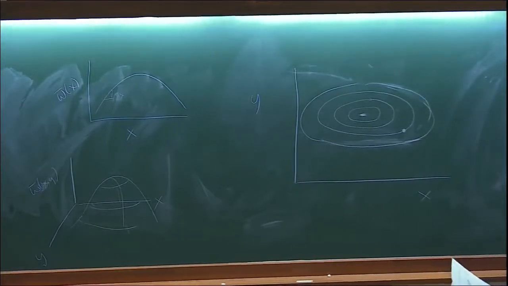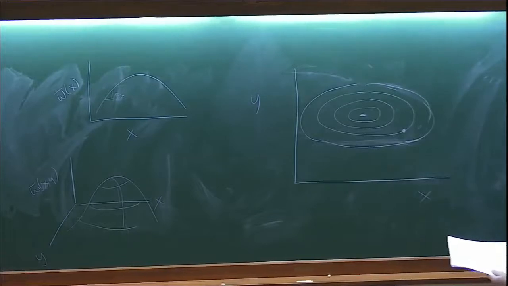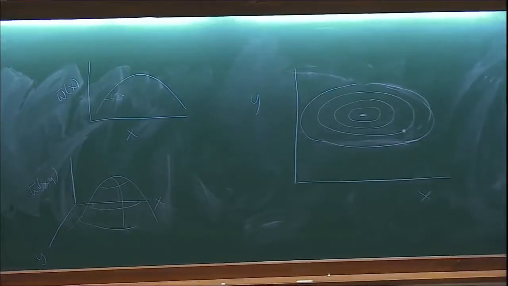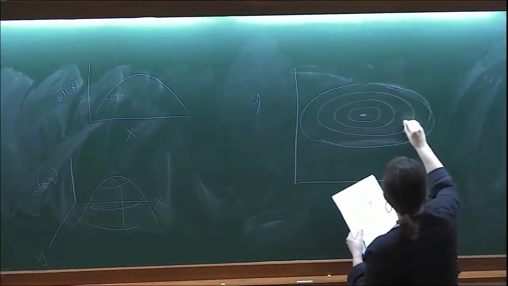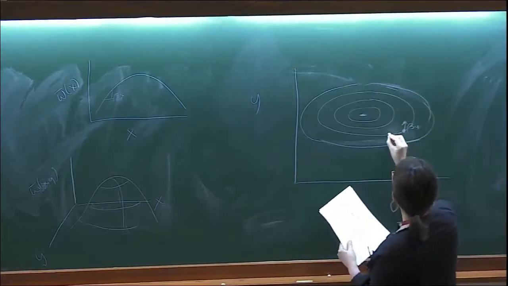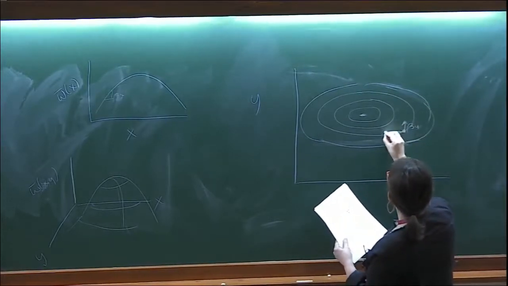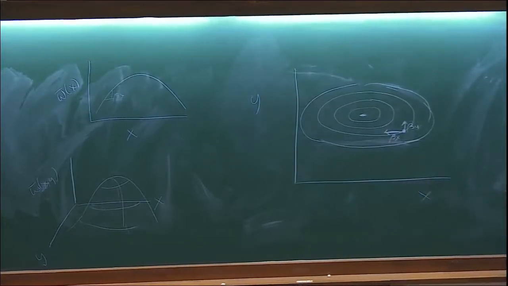We can say that there are vectors given by beta of x and beta of y, which tell us the slope in each of these directions. And let's imagine that we have beta of y this way, and a little bit longer for beta of x, because we have the steepest difference.